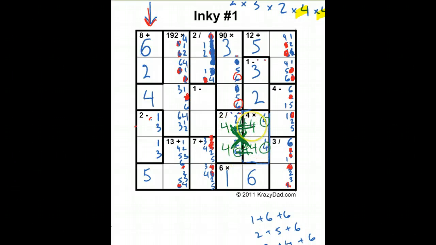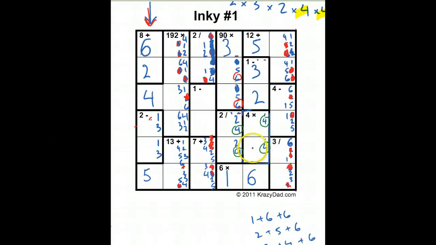Let me go ahead and erase all this now that I just marked it up, to make it a little bit neater. That's called the X-wing because of the X it makes. And again, the key thing is that you know for sure that a 4 is going to go in these two cages.